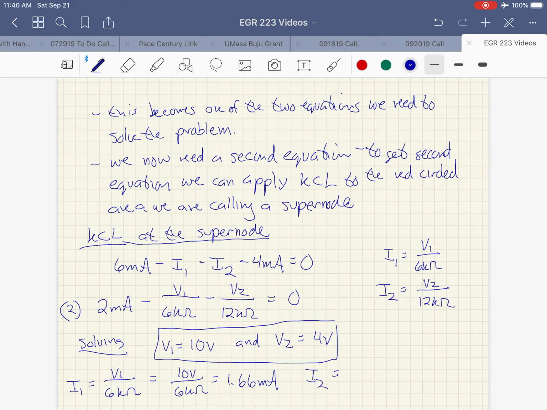I2 is V2 over 12K ohms, so 4 volts over 12K ohms is 0.33 milliamps. So there's our two answers, I1 and I2. And it's really that simple. So this is, again, another method you can use to solve for things that may not be obvious.